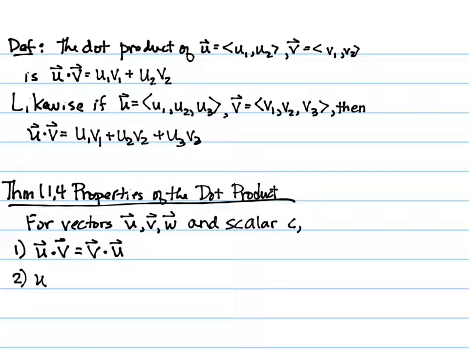How about this one? So this one actually looks like a property you've seen before as well. So u dot (v plus w) is u dot v plus u dot w.